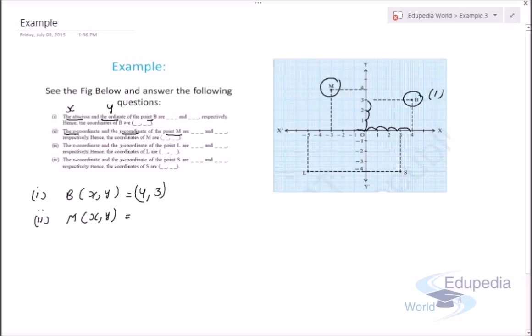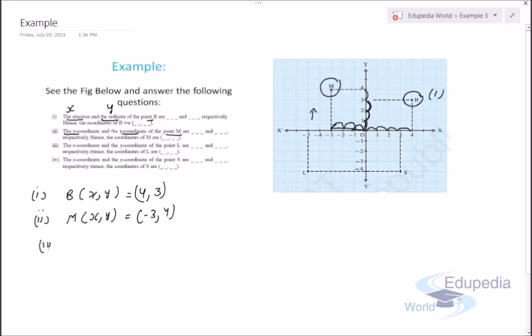You can see very clearly it is in the negative direction, and it is 3 units: 1 unit, 2 units and 3rd unit. So it will be written as -3, and y is in the positive direction. The units are 1 unit, 2 units, 3 units and 4 units. So y is 4, and it lies in the second quadrant.